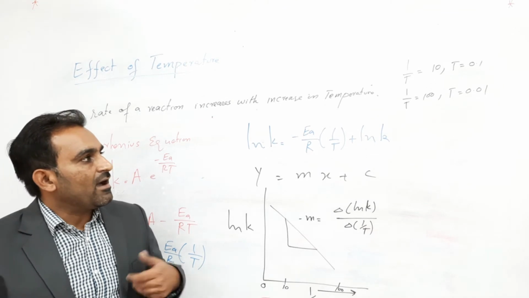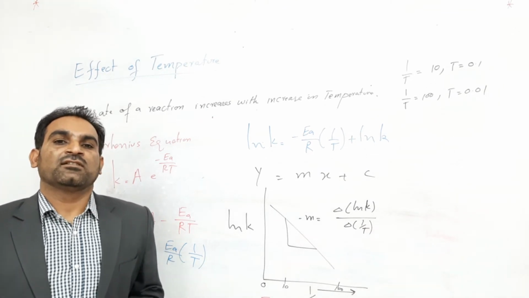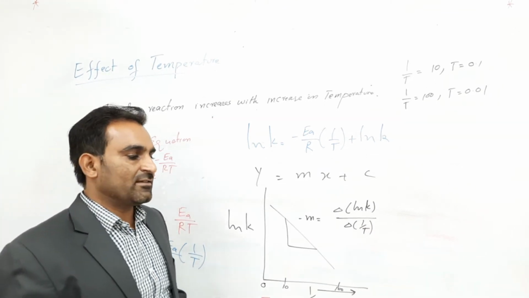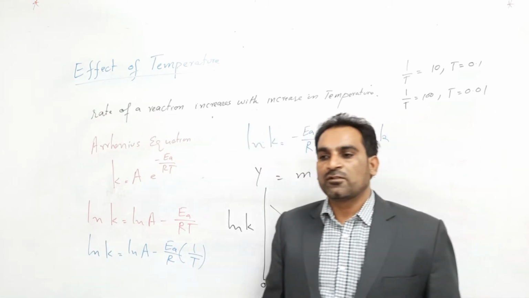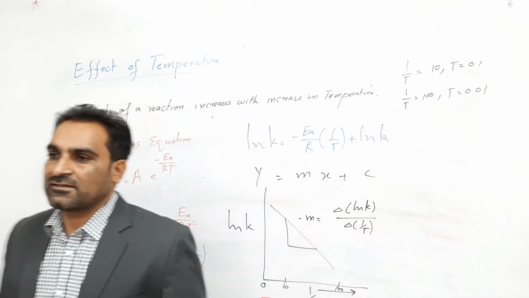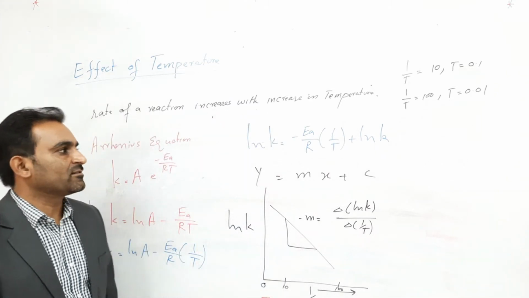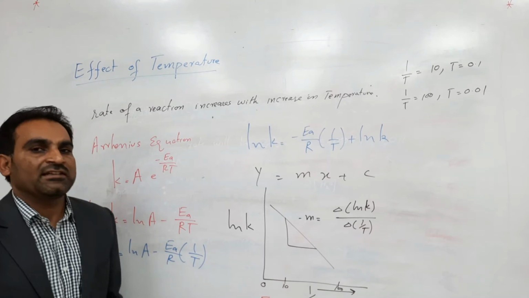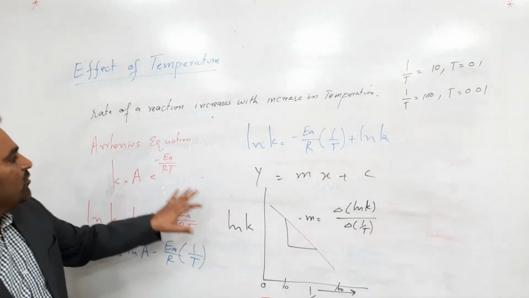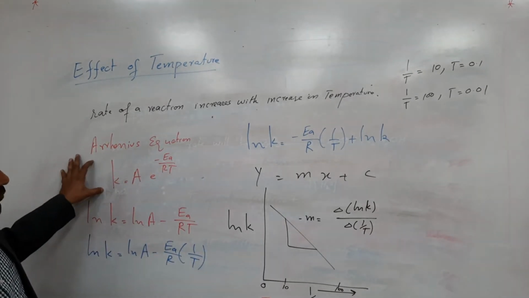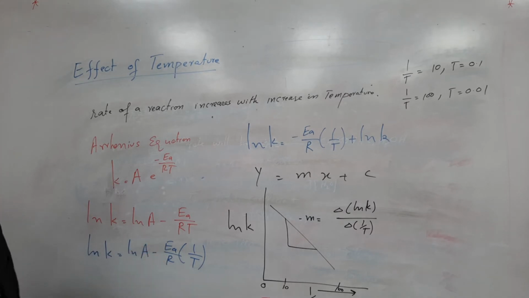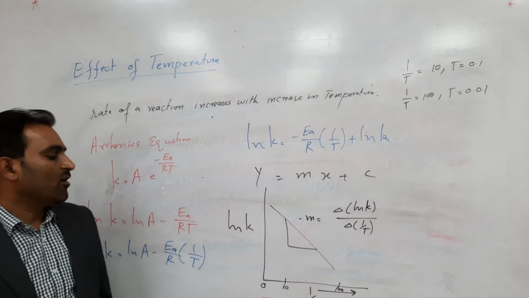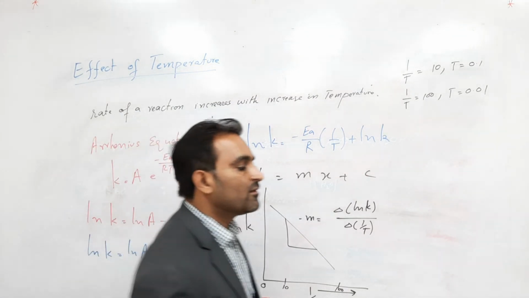Due to the higher temperature, the number of effective collisions increases. So as collisions increase, eventually you will have an increase in the rate of reaction. So this equation is used to give an idea about how temperature changes the rate of reaction.